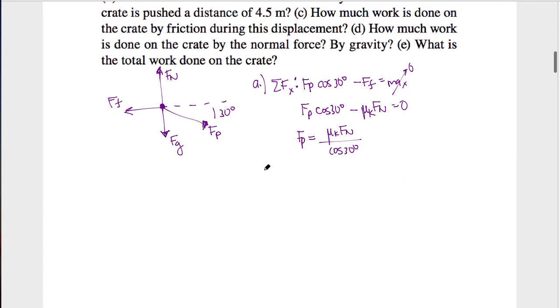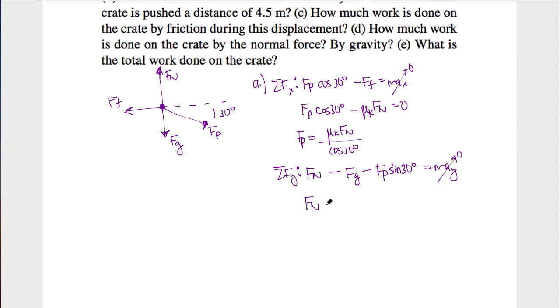So now let's find normal force using our application of Newton's second law in the y direction. In the y direction, we have normal force, and then we have minus Fg, and we also have minus Fp times the sine of 30 degrees. Now this is equal to ma in the y direction, so that is 0, as our box is not going through the ground. And so I'm going to try to substitute out this normal force here.